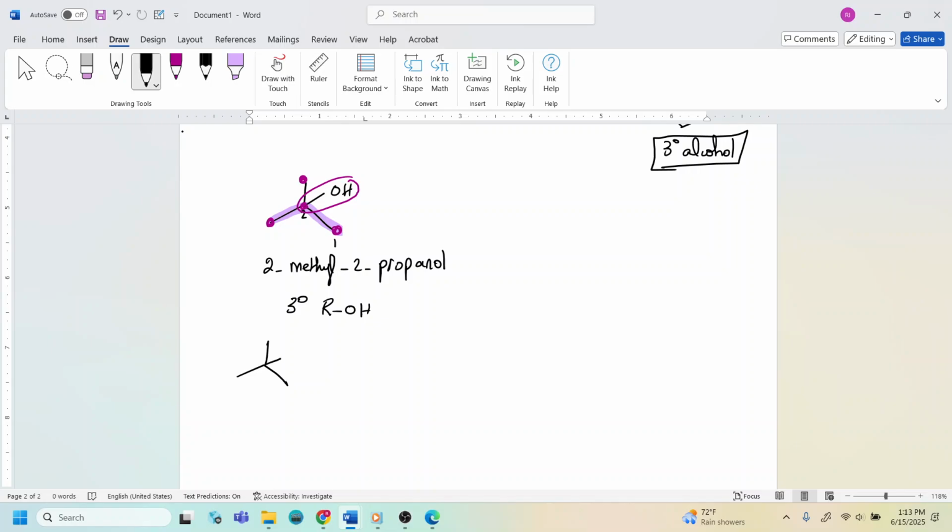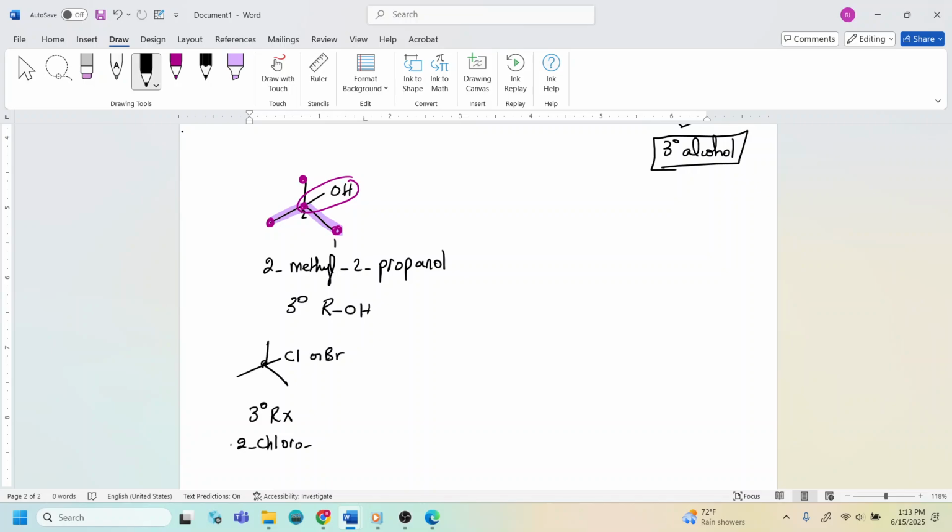The halogen can be either a chlorine or a bromine. It really doesn't matter. So I have to start with a tertiary alkyl halide, which is going to be 2-chloro or 2-bromo, it doesn't matter the halogen.